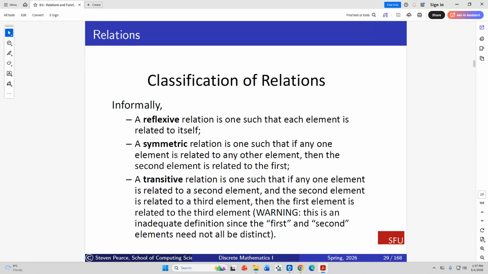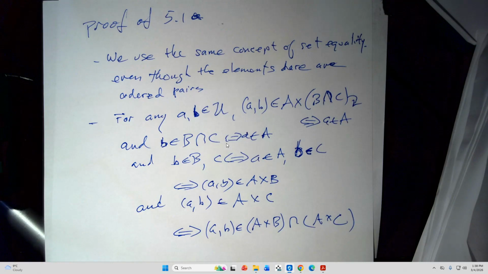A symmetric relation is one such that if any one element is related to any other element, then the second element is related to the first. Here's a node, here's a node. There's an arc going to this one, and one returning this way. Instead of drawing the two, we just draw a straight line without arrows.